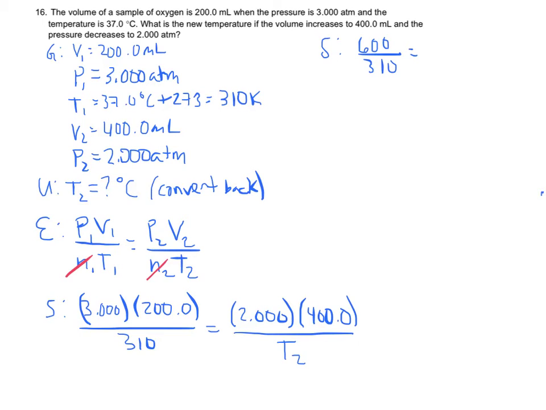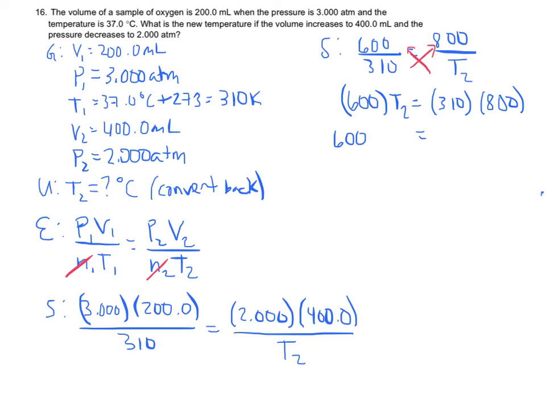And then 2 times 4 is going to be 800 over T2. All right, so now at this point, you can do your cross multiply and divide. It's just a little bit easier to get those numbers simplified down first. So that means that we're going to have 600 times T2, and we're going to be multiplying 310 by 800.